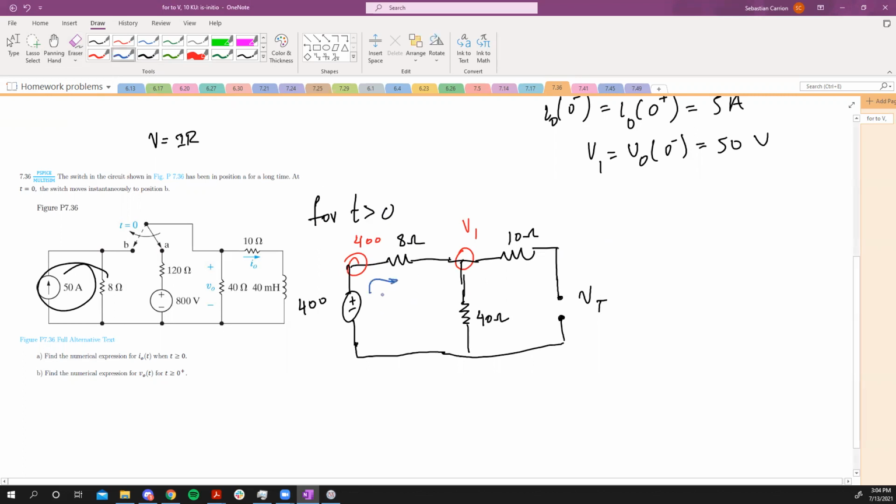We got I1 here, and I1 is going to keep flowing here, right?